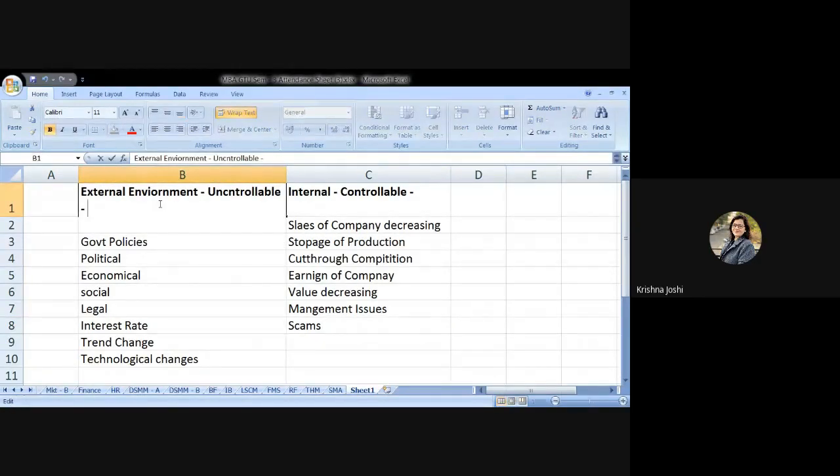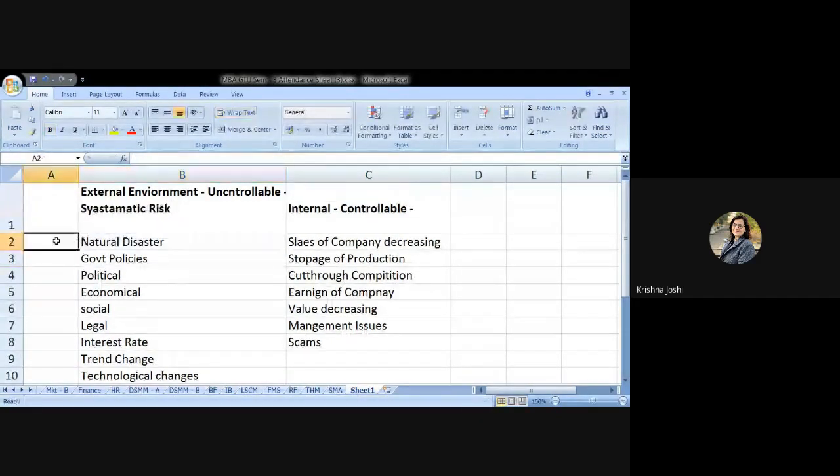Here is the understanding that this is called systematic risk. Now tell me, if you take company one, company 2, company 3, and company 4, say for example, if a natural disaster happens, all these companies are in the same area, same region, same industry, same identical product.